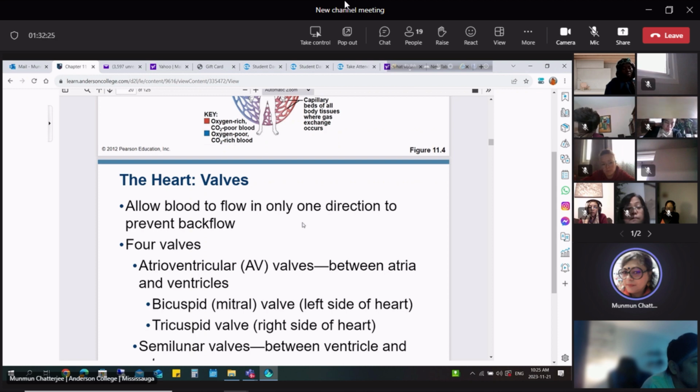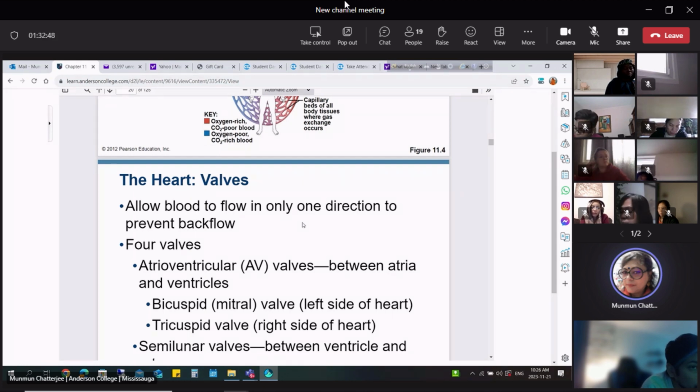Why is it called cuspid? Because there are flaps, 2 flaps or 3 flaps. Depending upon that, they have the names. The bicuspid valve, another name is the mitral valve, is placed between the left atrium and left ventricle, on the left side.